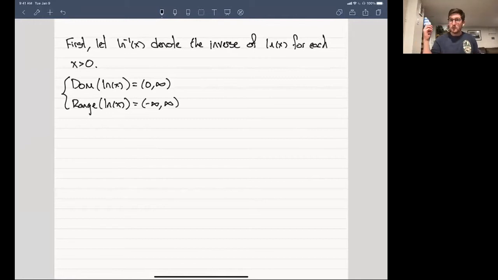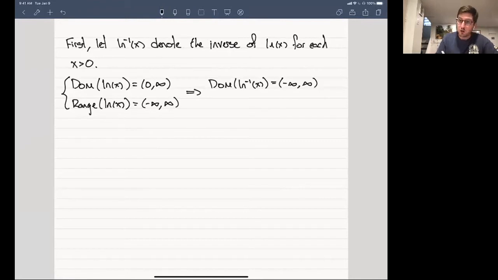As x goes to 0, ln of x goes to minus infinity. So this is the same as saying the domain of the inverse is all of the real numbers. Basically, I'm going to do a cross pattern here, and the range of the inverse is all of the positive numbers, 0 to infinity.